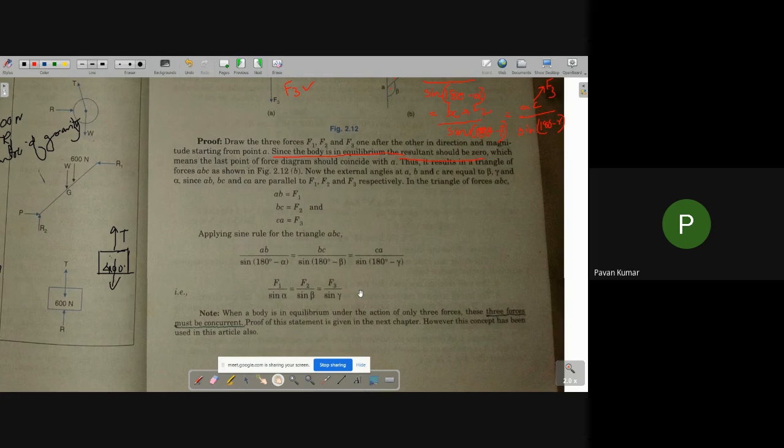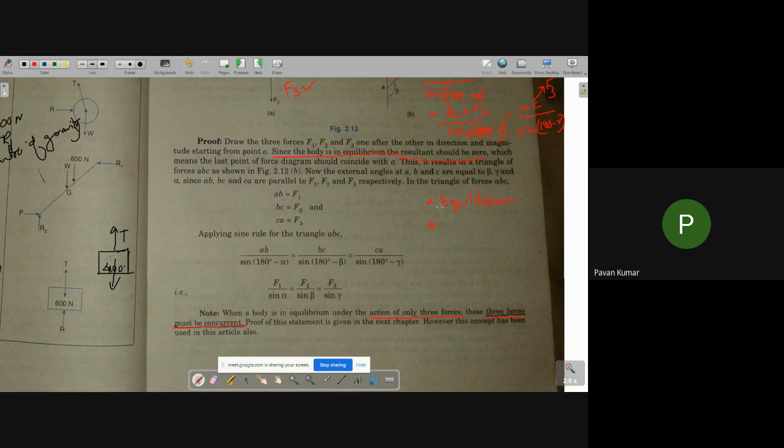Please note that this theorem is used under the action of only three forces, and these three forces must be concurrent. So you should remember three things while using Lami's theorem. First one, the body should be in equilibrium.